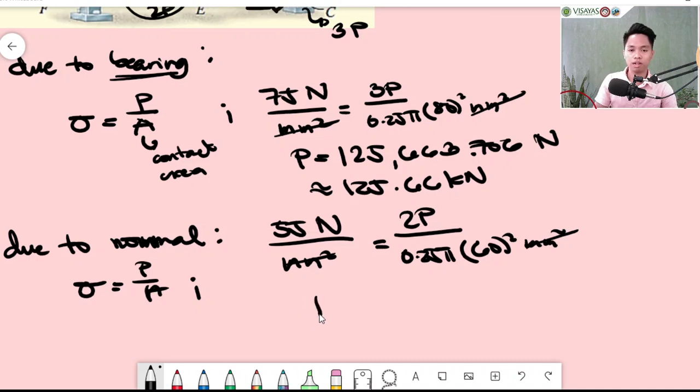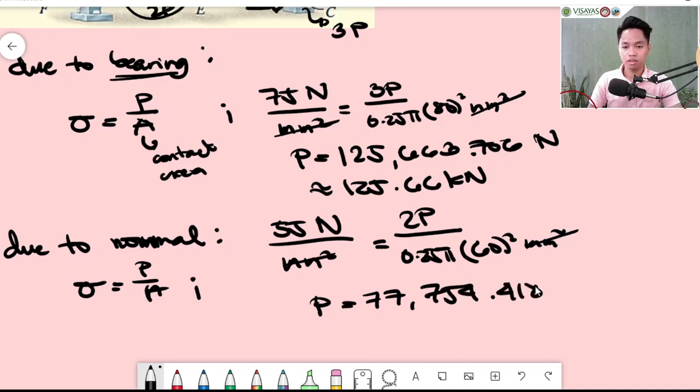So, what would be the value of our P? Due to normal force, that would be 55 multiplied by 0.25 pi times 60 squared over 2. That would be 77,754.418 Newton, approximately equal to 77.75 kilo Newton.